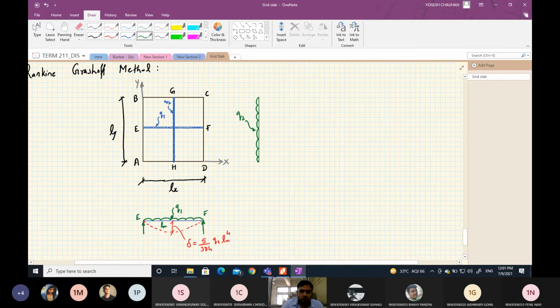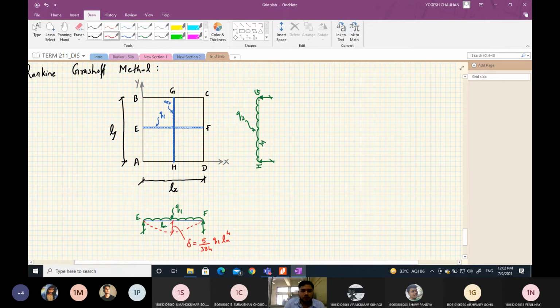Okay, this is G and this is H, and it is supported at G and H, and this length is Ly.